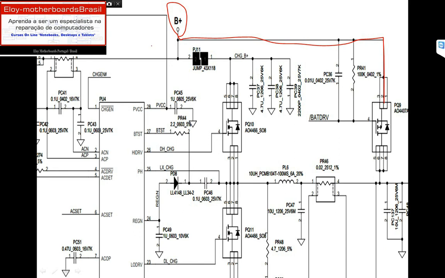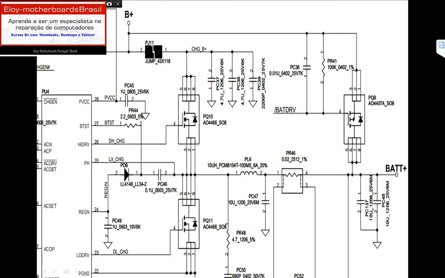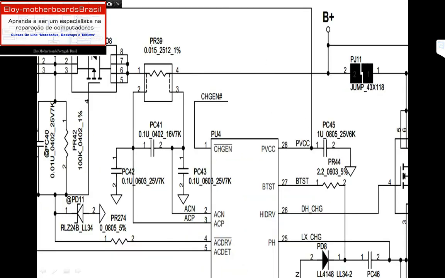So both terminals of this resistor right here are connected to pin 2 and pin 3 of PU4.